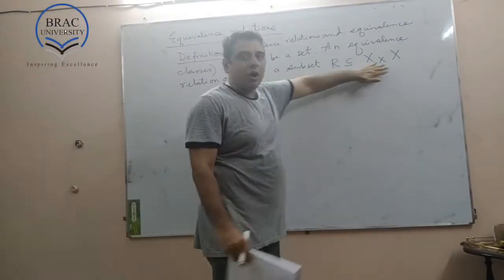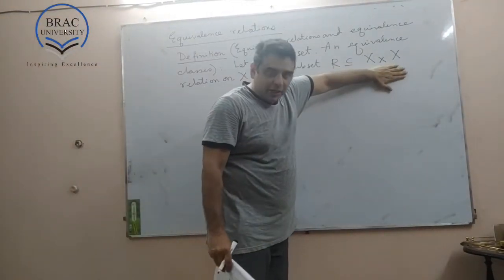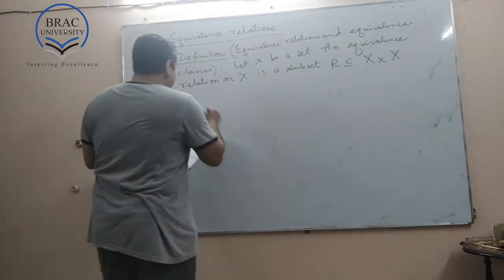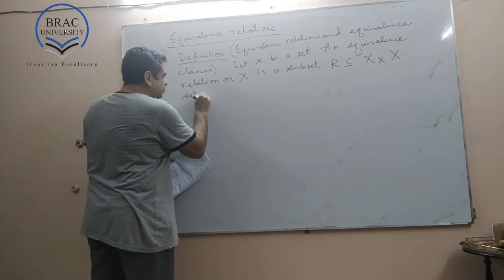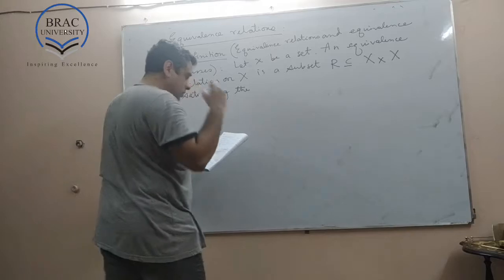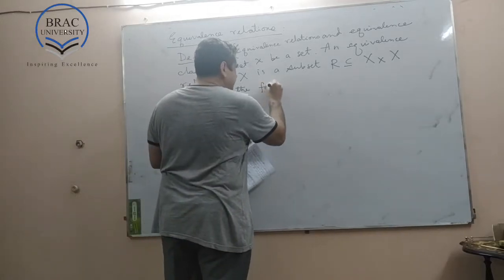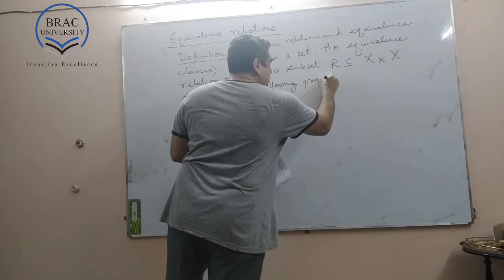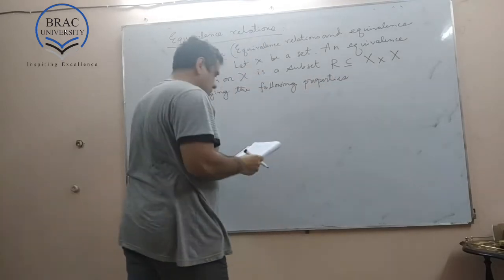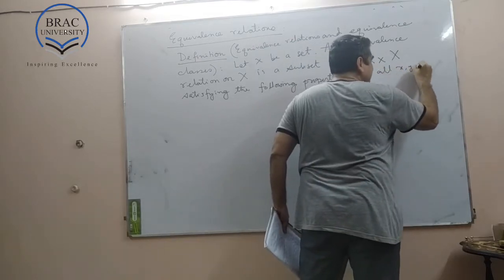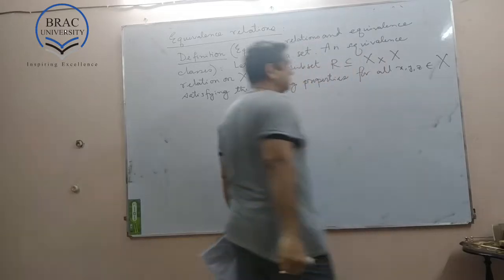So an equivalence relation is the subset R of this big set, the Cartesian product of X with itself, satisfying the following properties for all x, y, z in X.